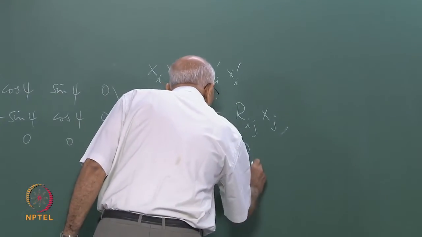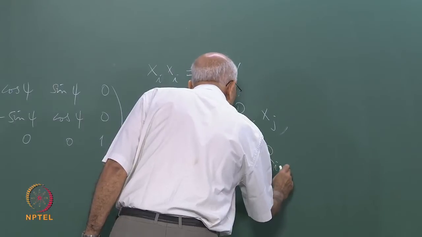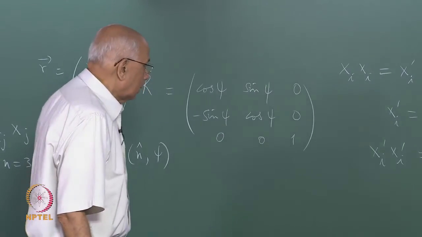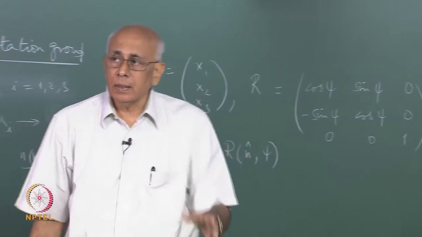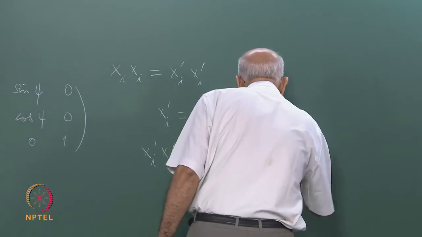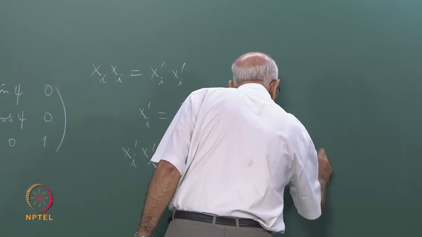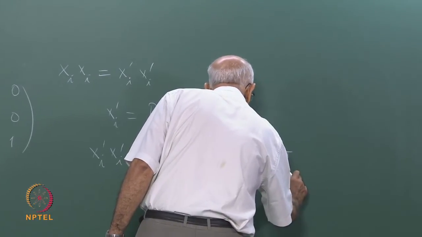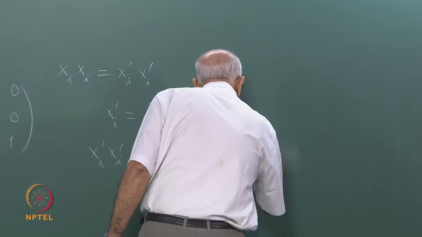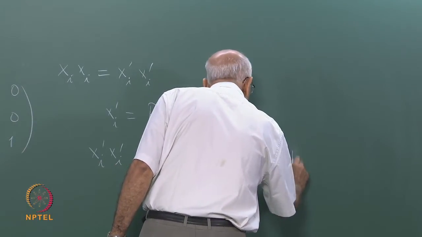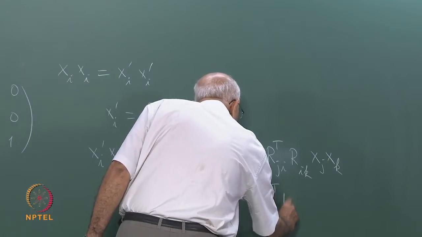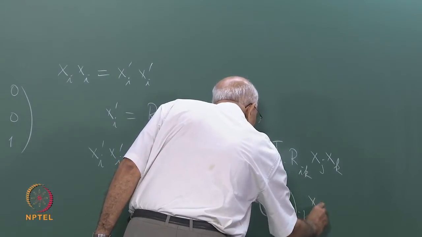This is equal to r ij r ik xj xk. So j, k and i, all of them appear twice, and therefore they are dummy indices, they have to be summed over, and this could be written also as r transpose j i r ik xj xk, which is equal to r transpose r, the jkth element, xj xk.